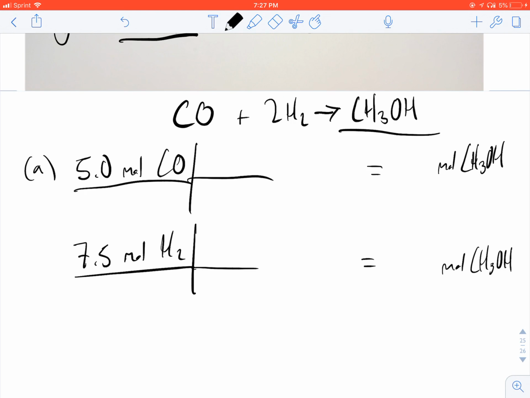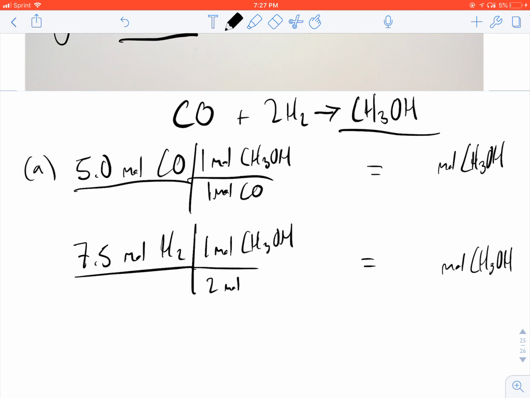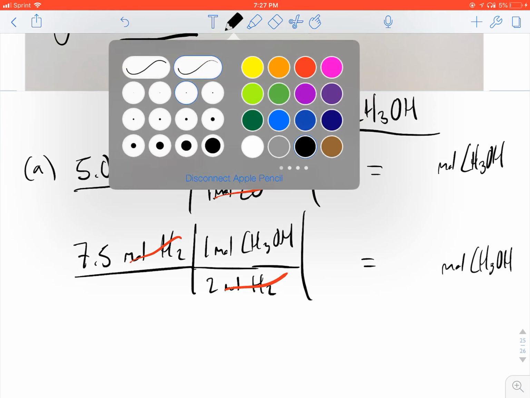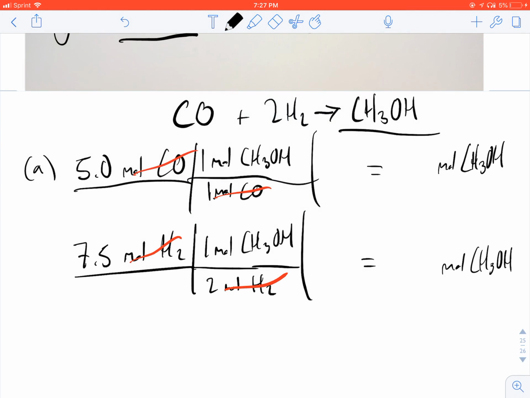So for carbon monoxide, 1 mole methanol for 1 mole carbon monoxide, and for hydrogen gas, 1 mole methanol, 2 moles of H2. Cancel out the like units. Everything should be in units of moles of methanol. And right here, let's just get 5.0 moles of methanol.